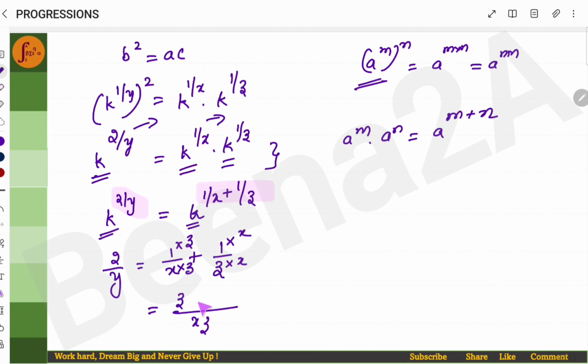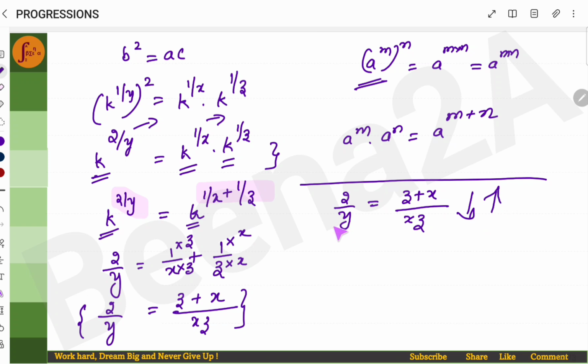So z into 1 is z, plus 1 into x is x, and this is equal to 2 by y. Now I'll take the reciprocal because I want y in the numerator and 2 in the denominator. So I'll take the reciprocal, that is, shift the numerator and denominator.